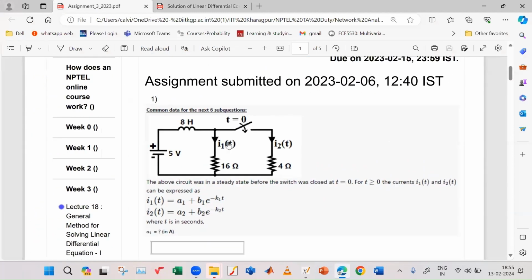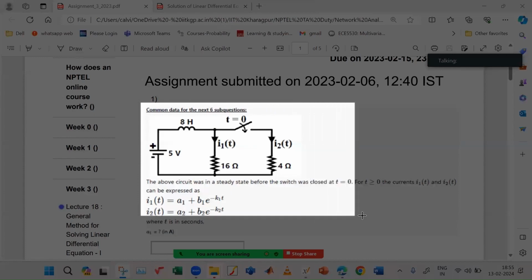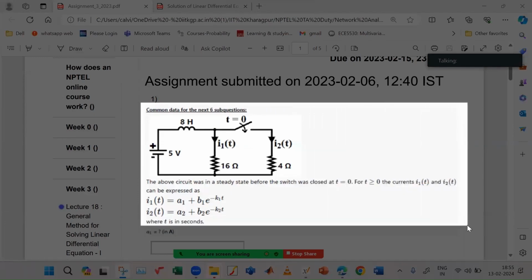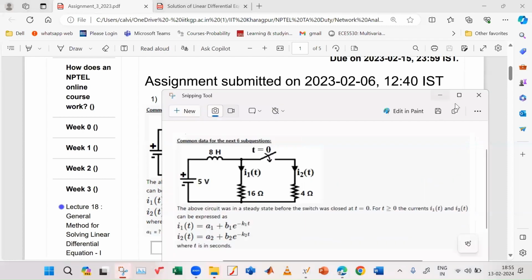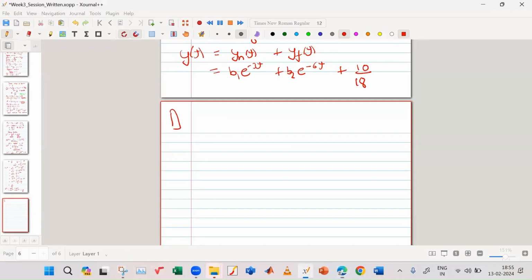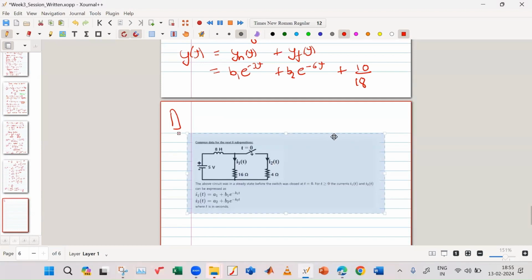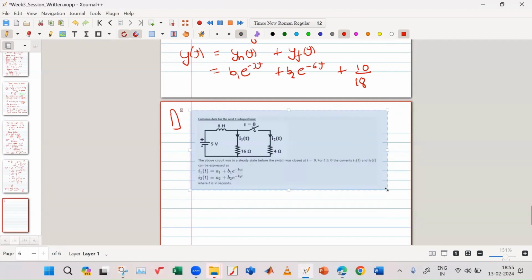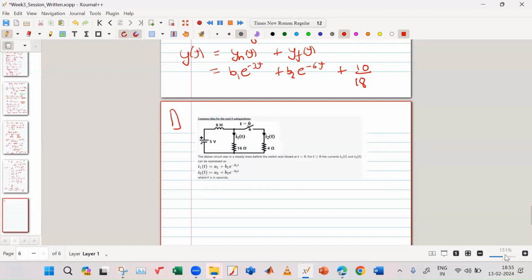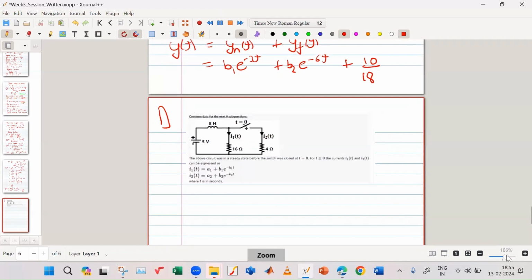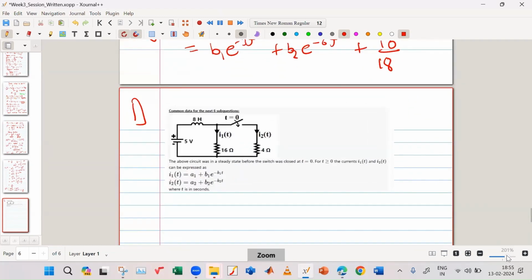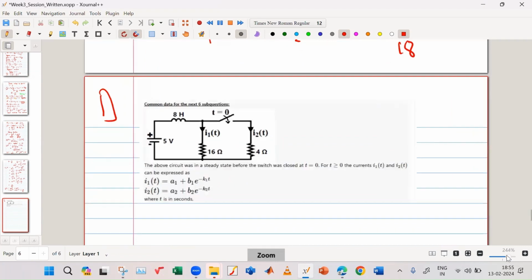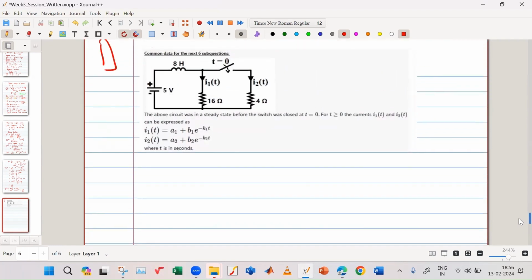Okay, let us consider this sum. What are they asking in this sum?